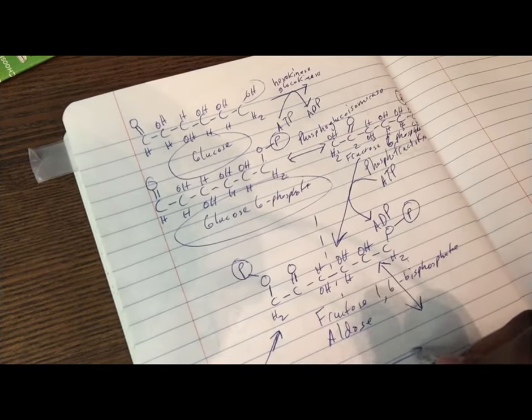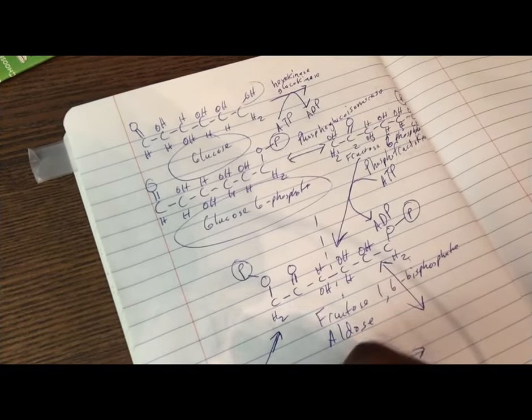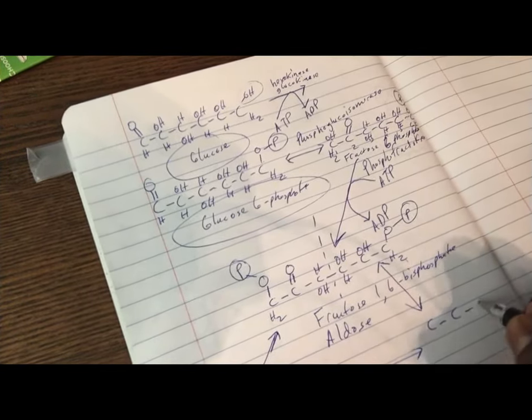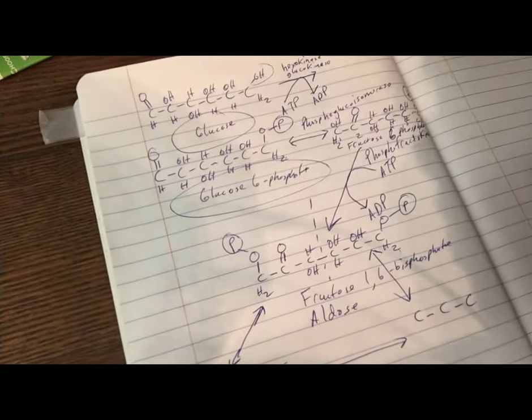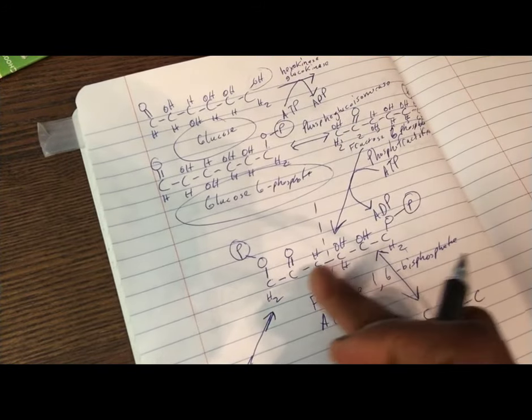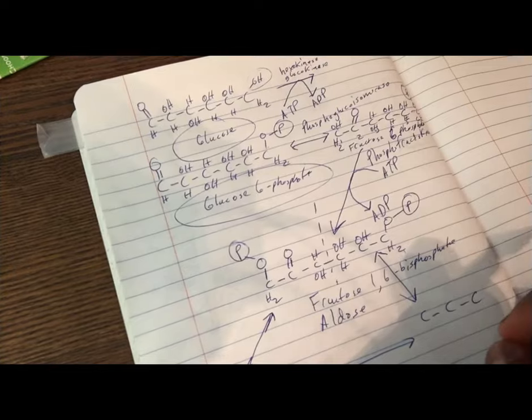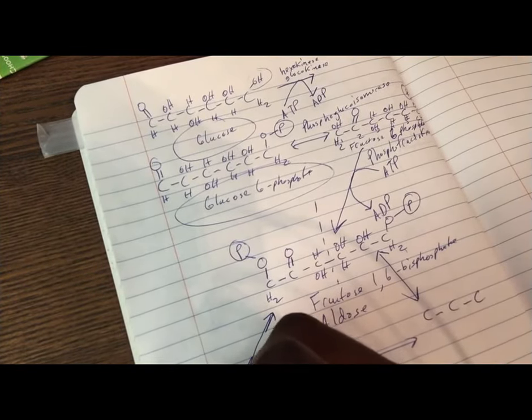In the middle here we have something else, right? So 2 3-carbon molecules, one of which is, I'll explain it to you in a second. It's almost exactly the same, but it is slightly different.